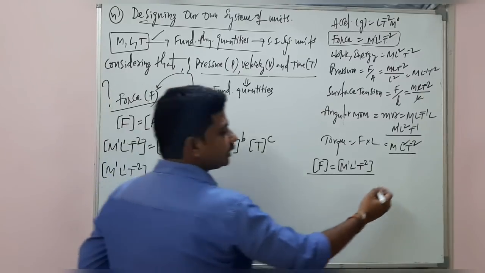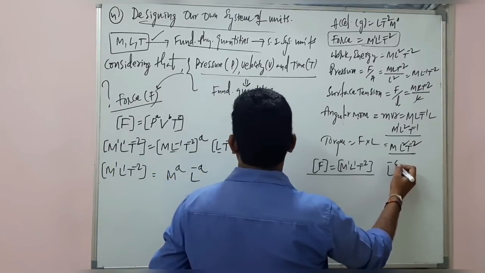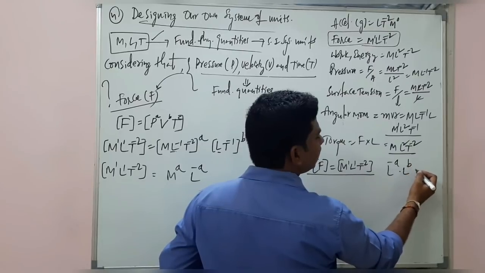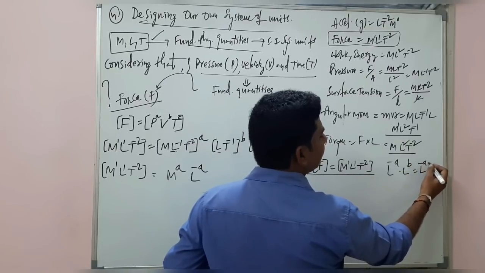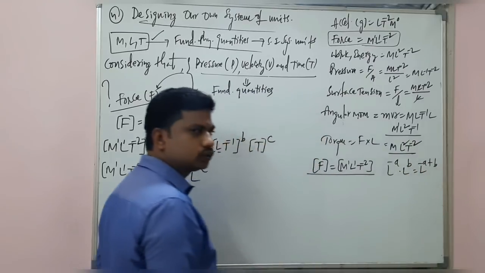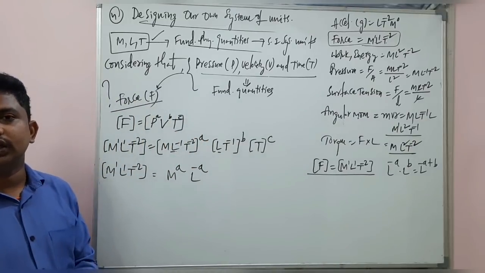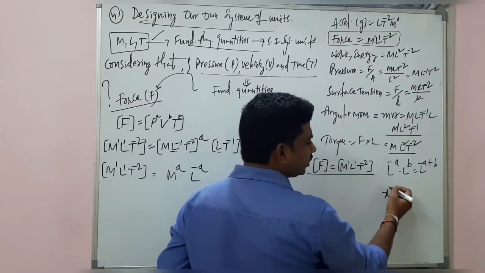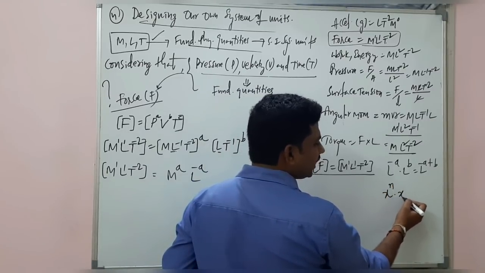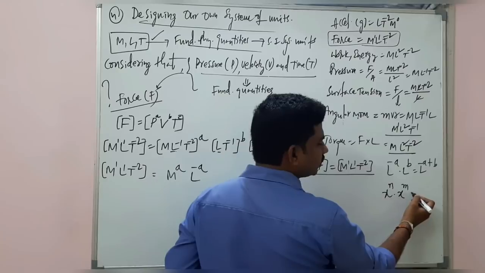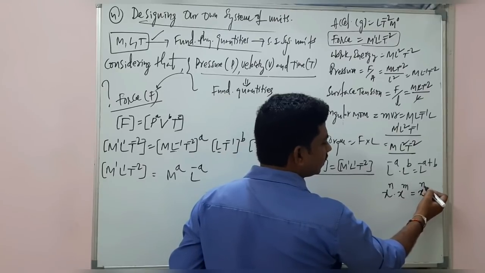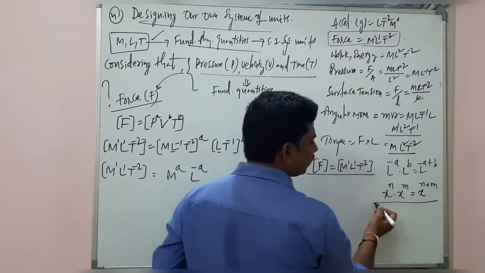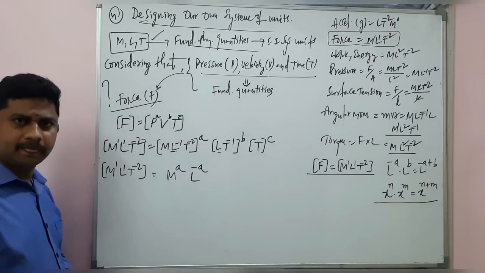What can I write? L raised to minus a plus b. Yes or no? Tell me. So this is in the form of x to the power n into x to the power m. So I can write x to the power n plus m. This is the formula, basic mathematics.